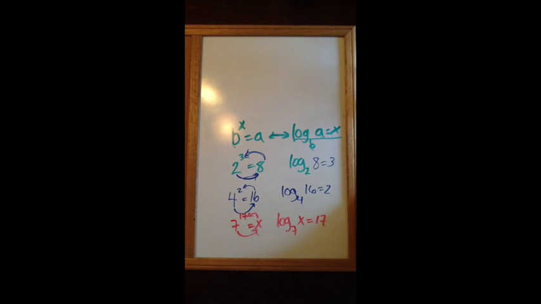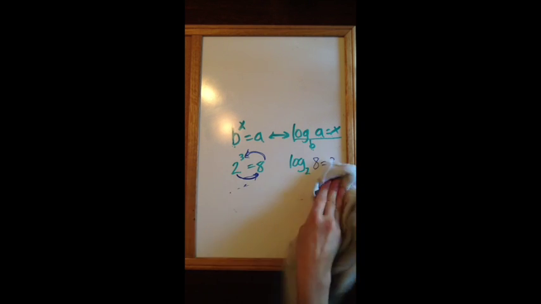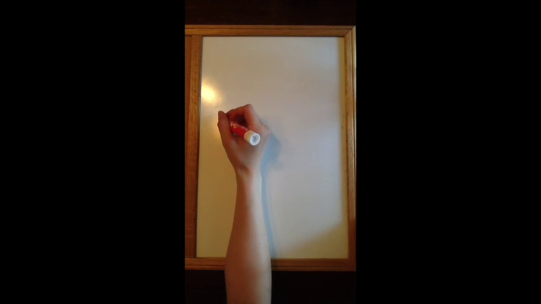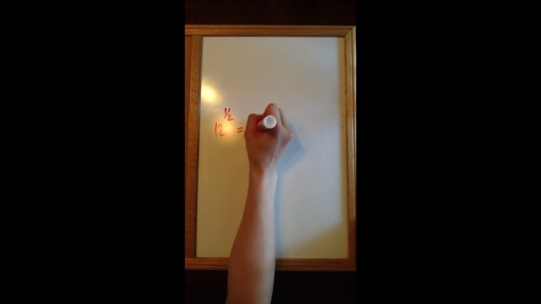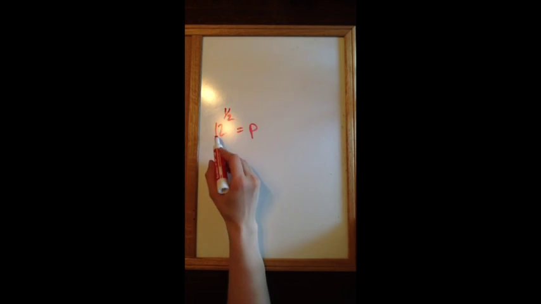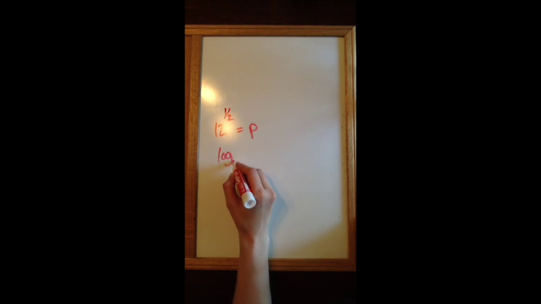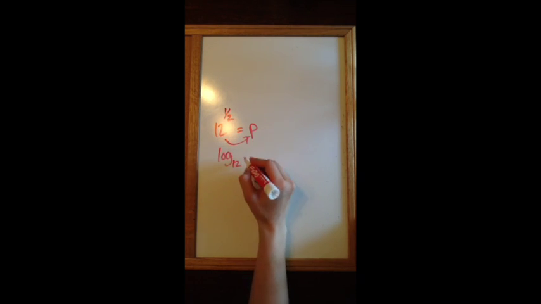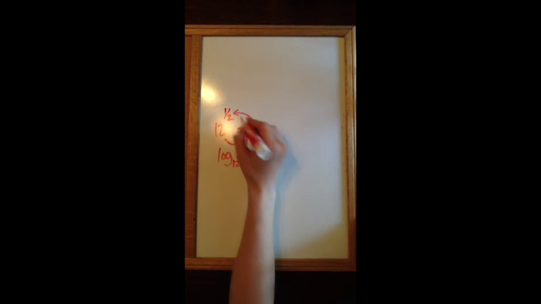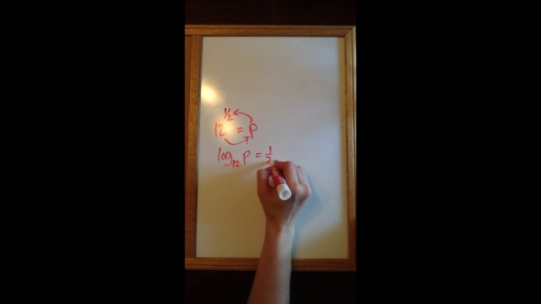Okay, let's try a few more. If I have 12 to the 1/2 equals p, the base is 12 because that's what has the exponent, so I'm going to have log base 12, hop to the other side of p, hop back to the other side, equals 1/2.